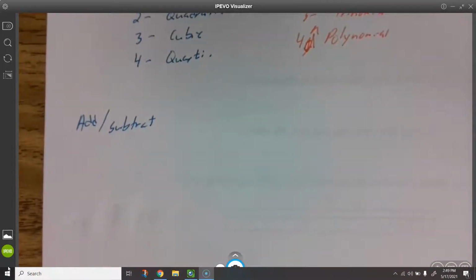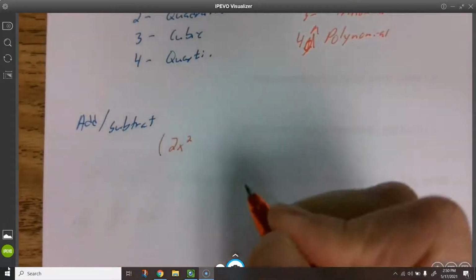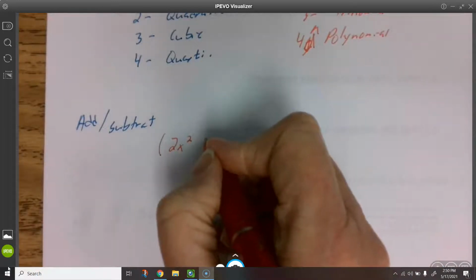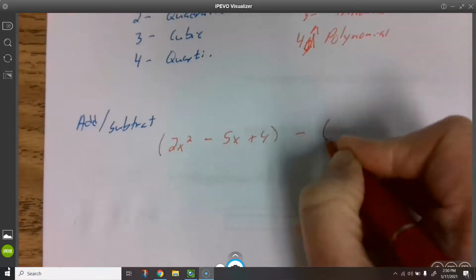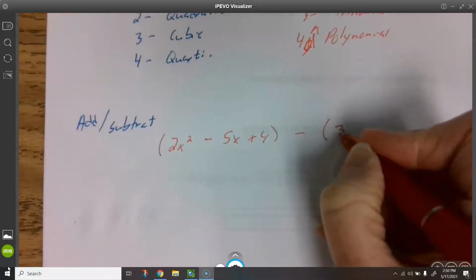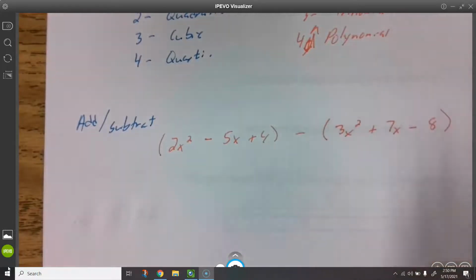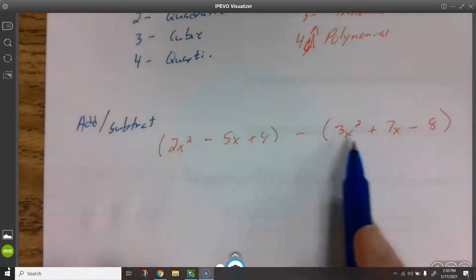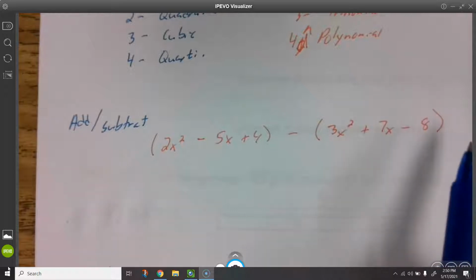Now with polynomials, we're going to have to know how to add and subtract. So if I take 2x squared minus 5x plus 4, minus 3x squared plus 7x minus 8. We're just going to do subtraction, because addition, you're going to see pretty soon, we'll take care of that. If I'm going to add, I'm just combining like terms. If I'm subtracting, I'm still just combining like terms, but I have to remember I'm going to subtract everything that is in here.